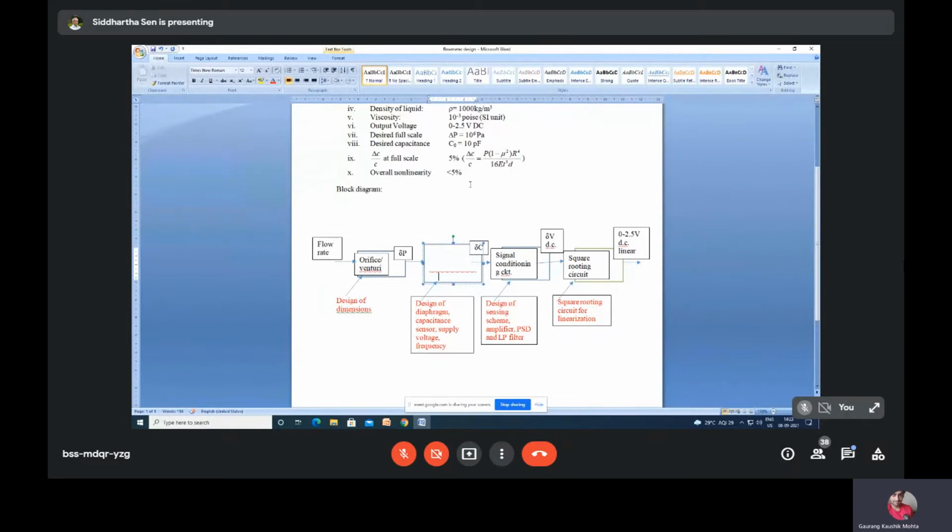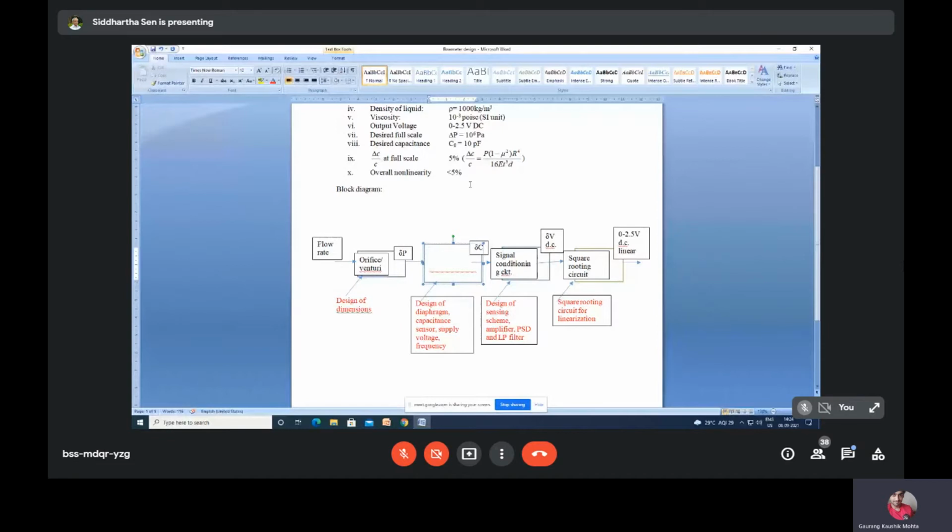So you can see that this one involves a number of components and circuit parts. And we have got a mechanical design as well as the electronics and other circuit. That means we'll have to design the venturi, orifice, as well as the diaphragm.